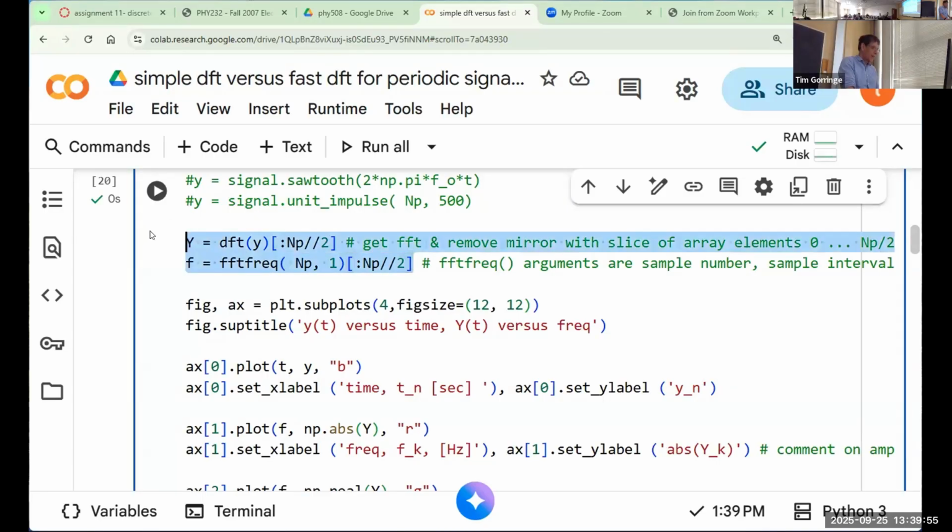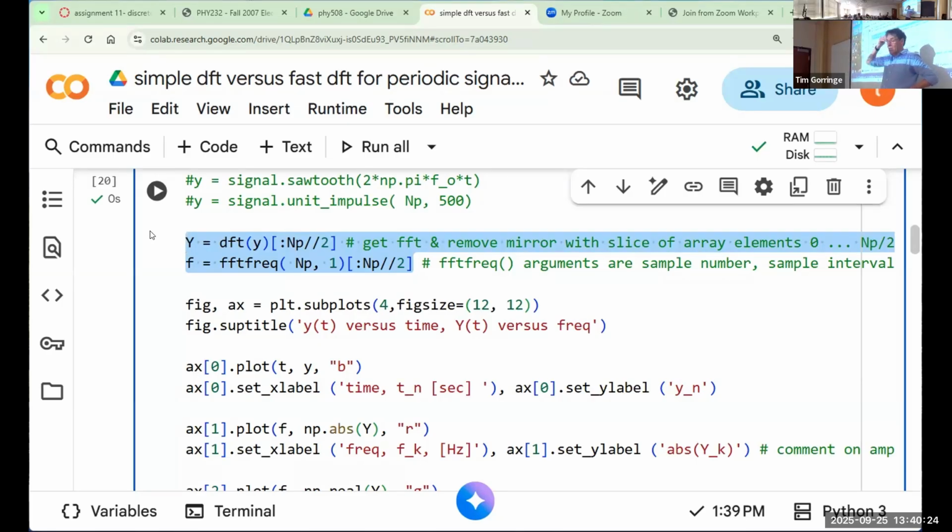This line: all that work I did introducing the matrix multiplication for the Fourier transform and then writing a user function for it is used here. This is that function, discrete Fourier transform. The argument is the time domain data, and it returns the frequency domain data.